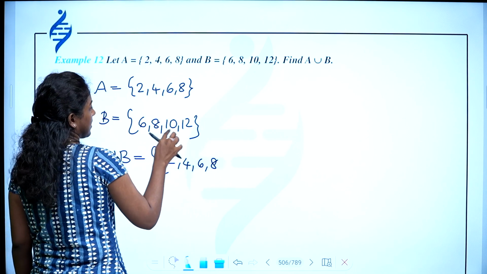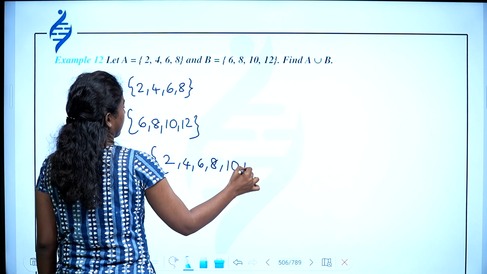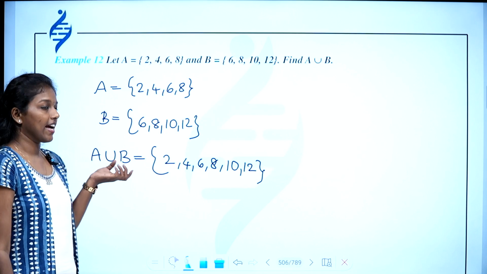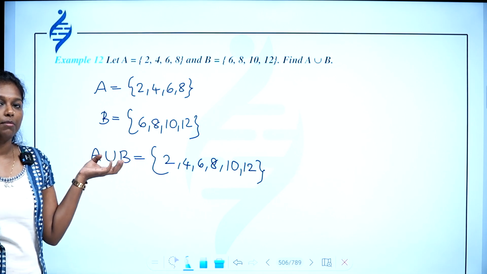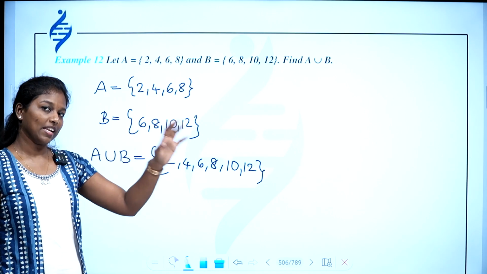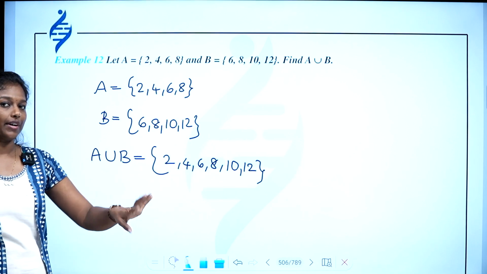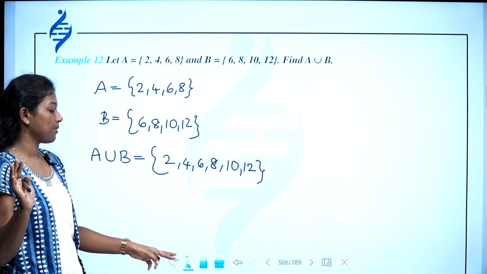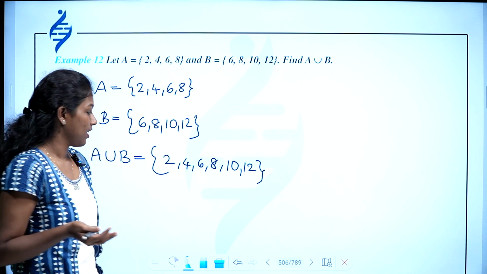Then 10, 12. You have to write the elements of B also. So A union B means A or B. You have to take the elements of A and the elements of B.